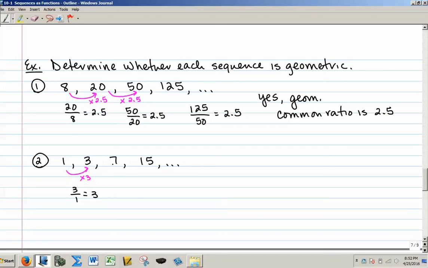Let's check the next one. 7 divided by 3 is equal to 2.3 repeating. So that would be my ratio there. So that's times 2.3 repeating. So that is not a common ratio, so this is not geometric. There is no common ratio.